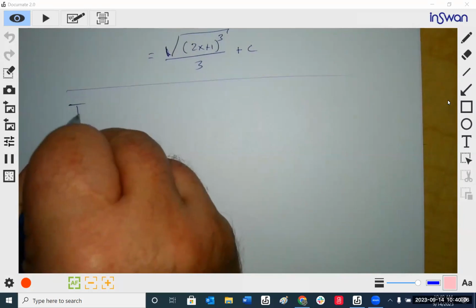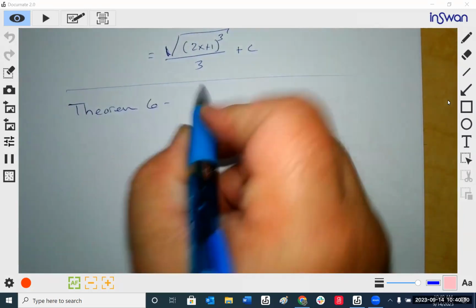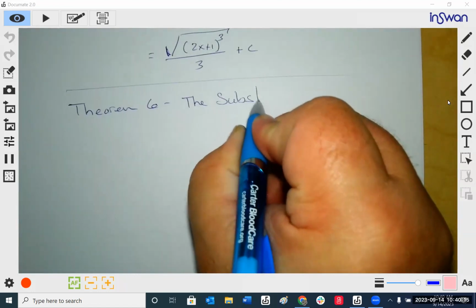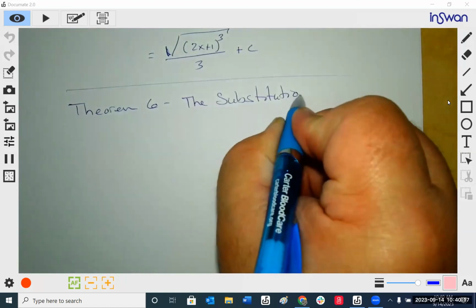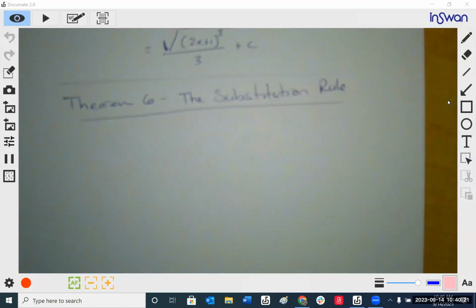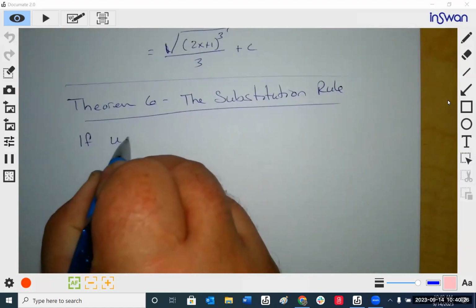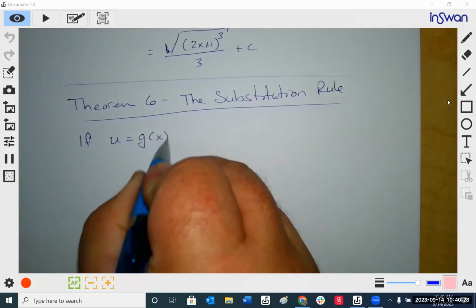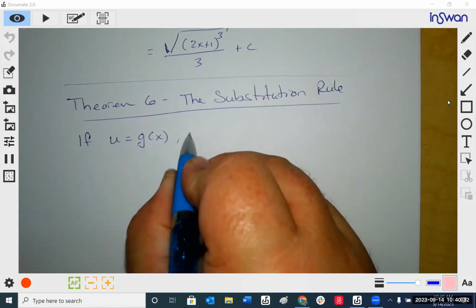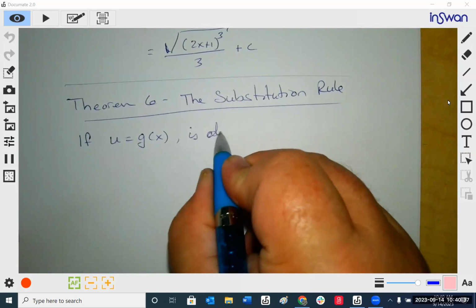So, Theorem 6 says the substitution rule. If u equals some function g of x, is differentiable.